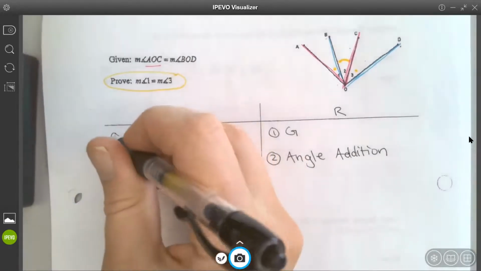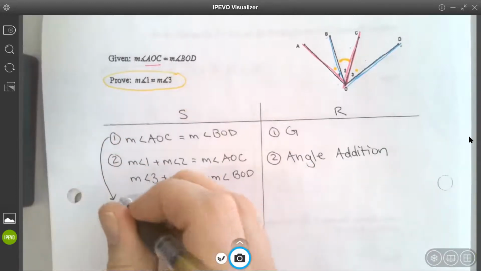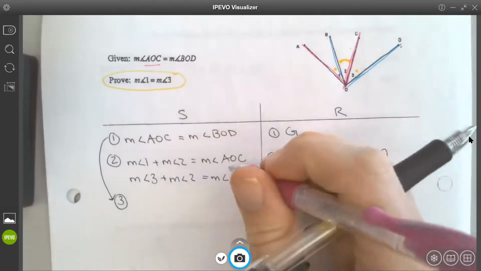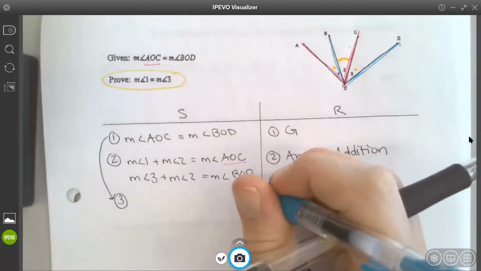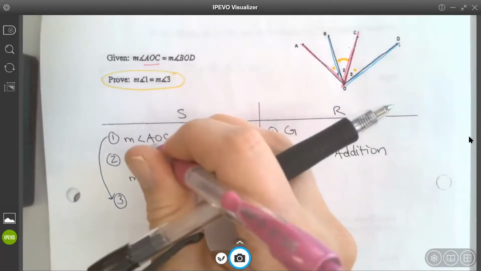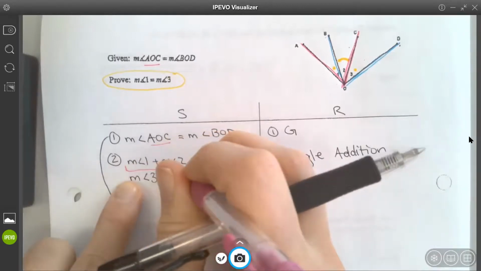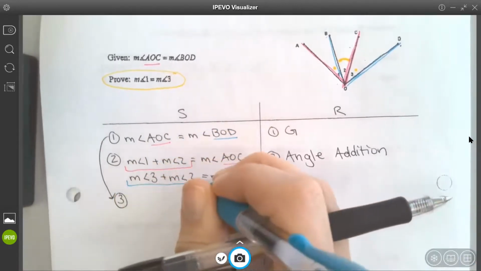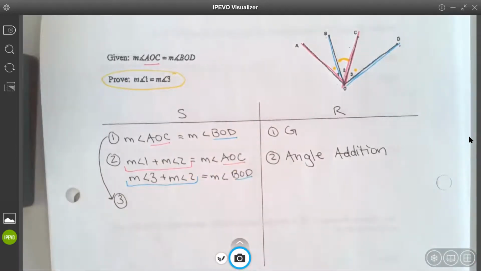Now, if I am given this first formula, if AOC is equal to BOD, couldn't I just, where AOC is, substitute in 1 and 2, and where BOD is, substitute in 3 and 2? You're just writing over and over again in different forms. Well, kind of. I'm transforming this so I can get to here.